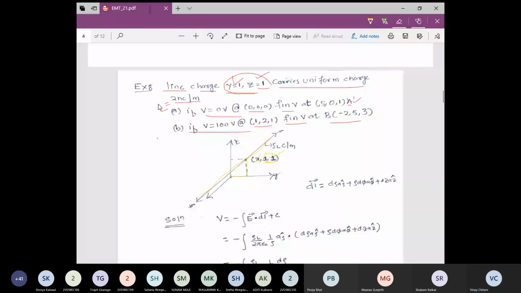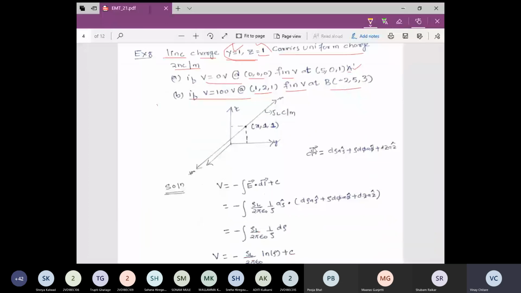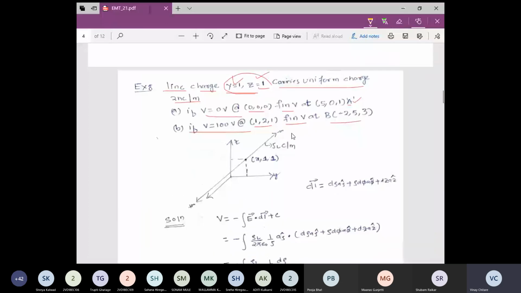Okay, so with this understanding, let me proceed to find the potential field. In order to find the potential due to this line charge, we'll use the most general formula of potential.